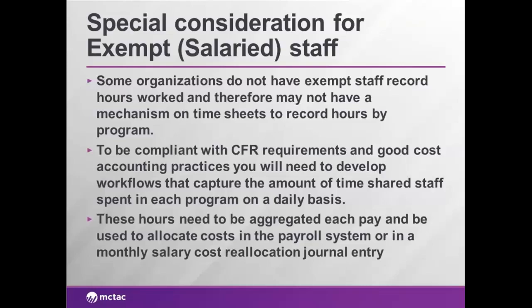They have their documentation, and then on a monthly basis, instead of running those hours through the payroll system, they use the data that they get from the staff to create an adjusting journal entry, and then they journalize the change on an aggregate level on their general ledger at the program level. I think that is a reasonable way of doing it.